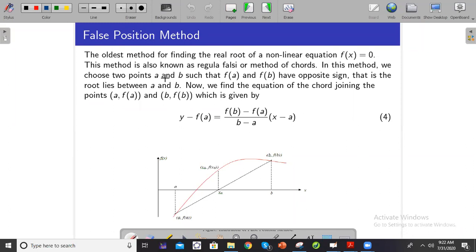A and B are two initial guess points for the root of the non-linear function f of x equals 0, right? At x equals x naught, we can put y equals 0 in equation number 4. Then we can find x naught.